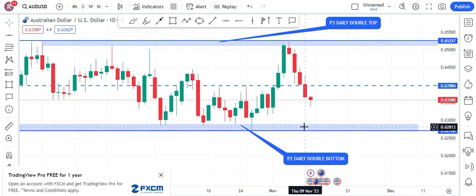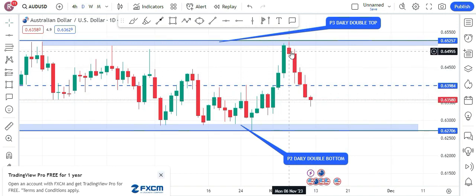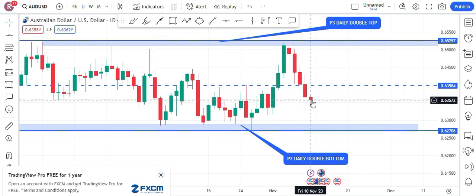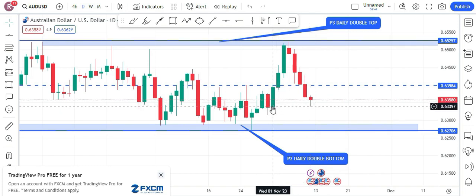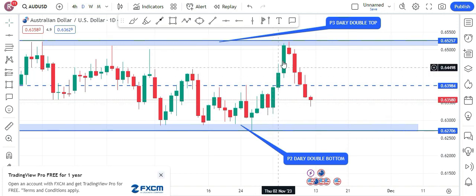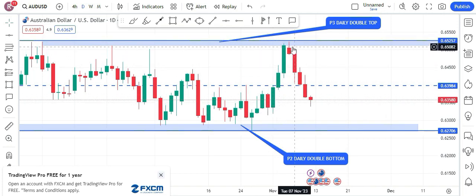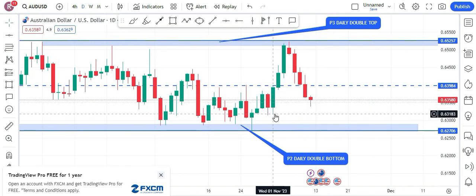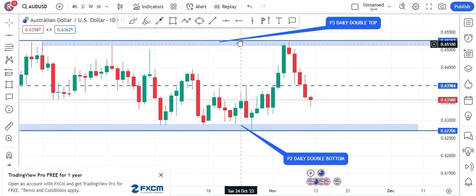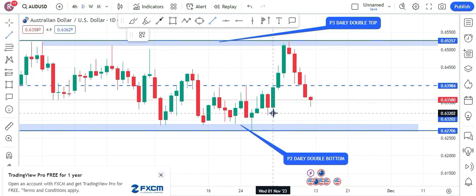It is still in a bearish mood, but the bearish mood has become weak because to take the price from this level, we can see 1, 2, 3 candles, a 3-day move reached this top, but it took 1, 2, 3, 4, 5, the whole week to bring the price back and couldn't break the lowest. This region, it didn't break this one.